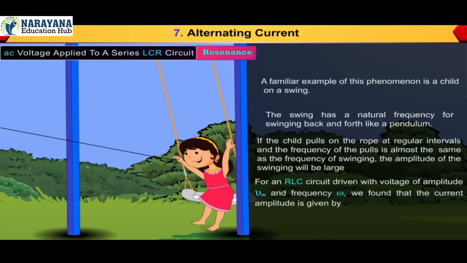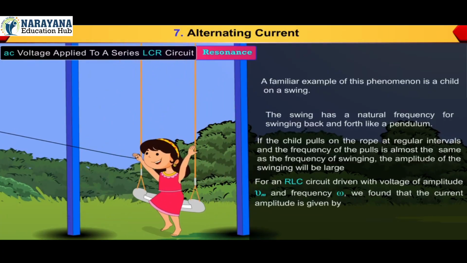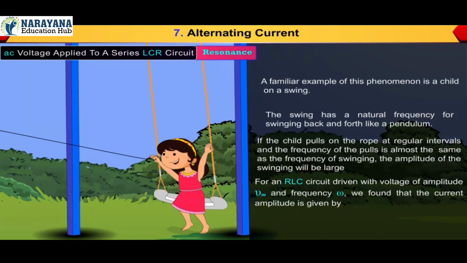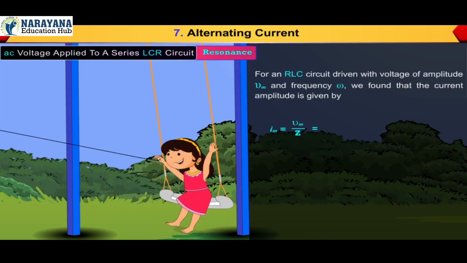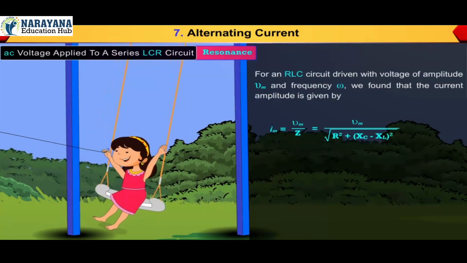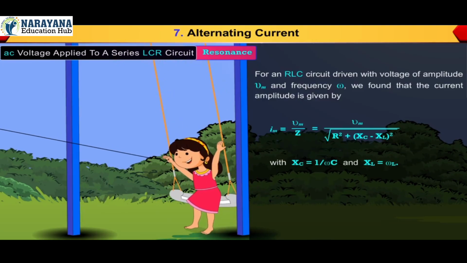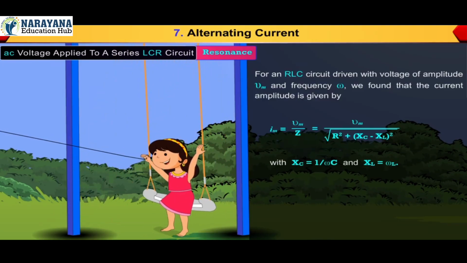For an RLC circuit driven with voltage of amplitude Vm and frequency ω, we found that the current amplitude is given by Im = Vm/Z = Vm/√(R² + (Xc − XL)²), with Xc = 1/ωC and XL = ωL.